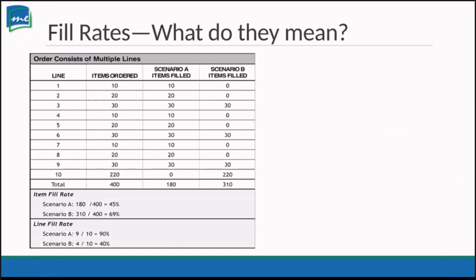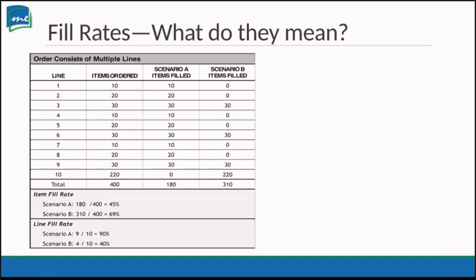For A, it fills the order for line 1, fills 20 for line 2, fills 30 for line 3, and so on, filling the orders for the first 9 lines. For B, it doesn't fill lines 1, 2, 4, 5, 7 and 8. It only fills lines 3, 6, 9 and 10. This is how scenario B fills the orders.